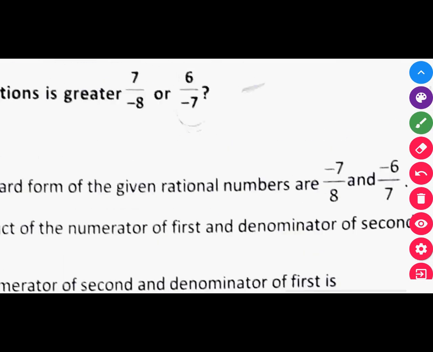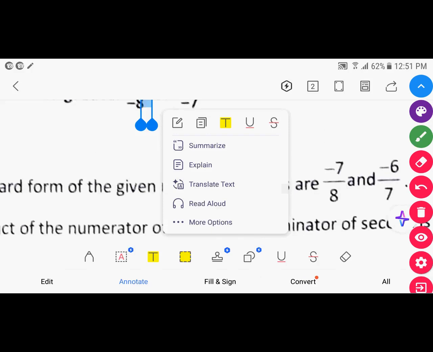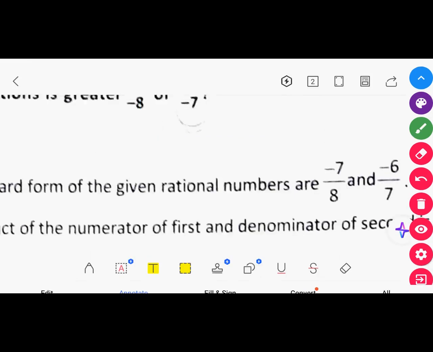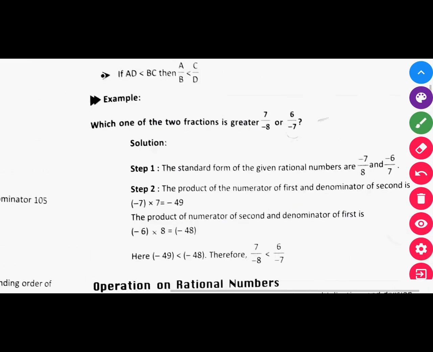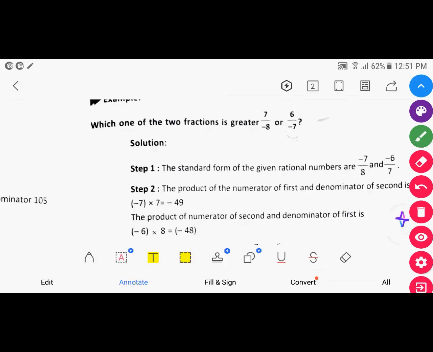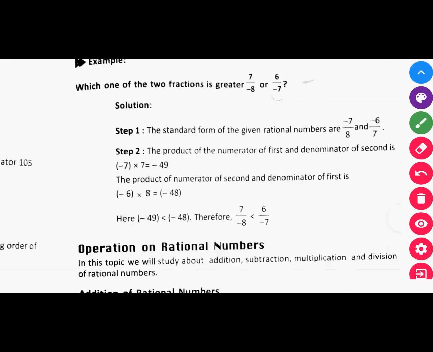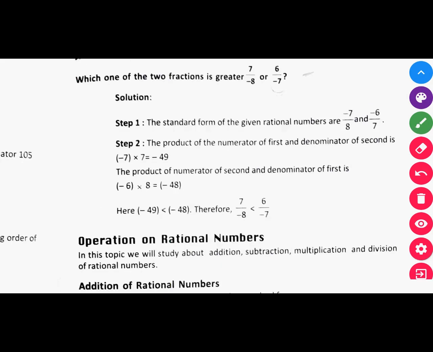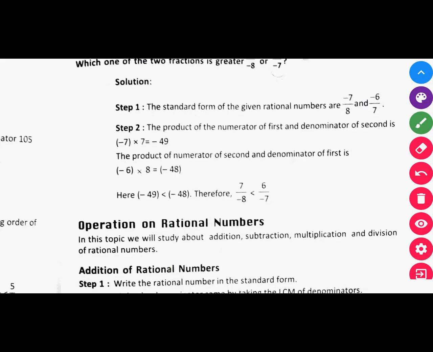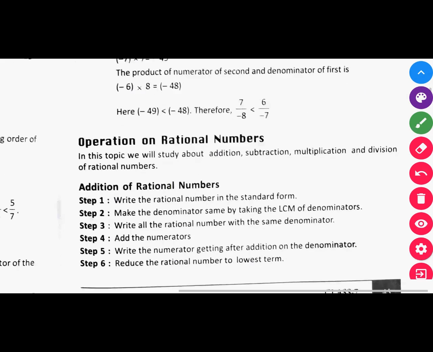If BC is greater than AD, then the second number is greater than the first number. Now see, in the first step they had converted the rational number into the standard form, then we find out the products of both AD and BC. Now 48 is greater, so 6 upon 7, the second number, is greater than the first number.